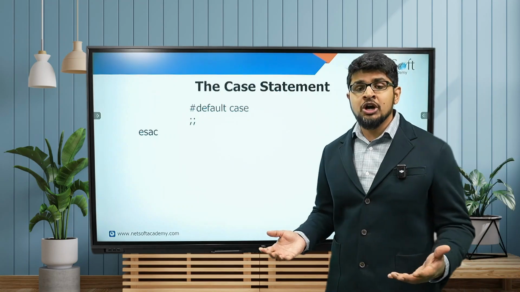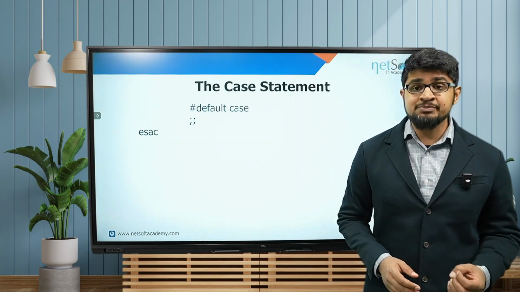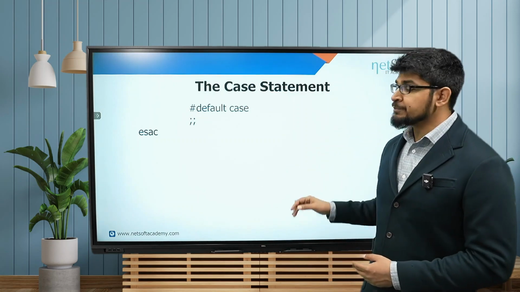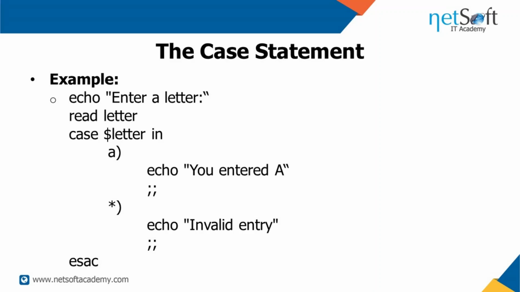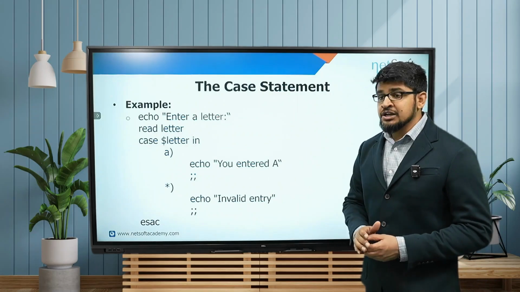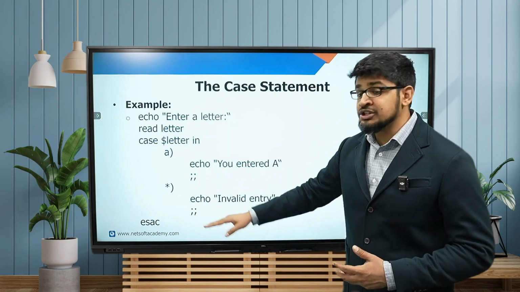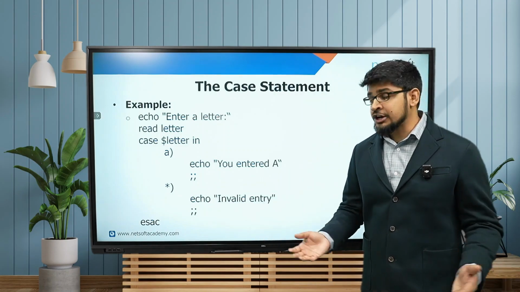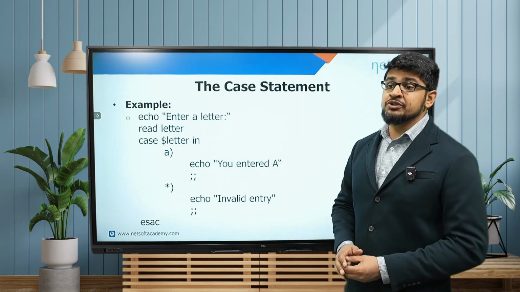And you close off the case by simply writing case backwards, as we see here. This is a very common example, such as reading the value of a variable, and if this letter is A, then you enter a certain piece of code, and this here is showing the default case for when it is not A, you'll enter some other piece of code.